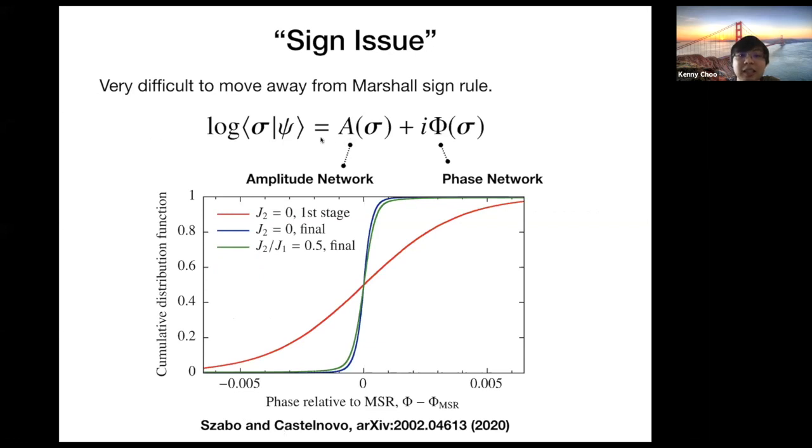They were looking at a network where they have two different networks, one is the amplitude network and one is the phase network. And what they found was that the sign structure that the network learns, even at the J2 equals 0.5 limit, is almost exactly the same as the Marshall sign rule. So it's not really learning the correct sign structure even in the frustrated region.